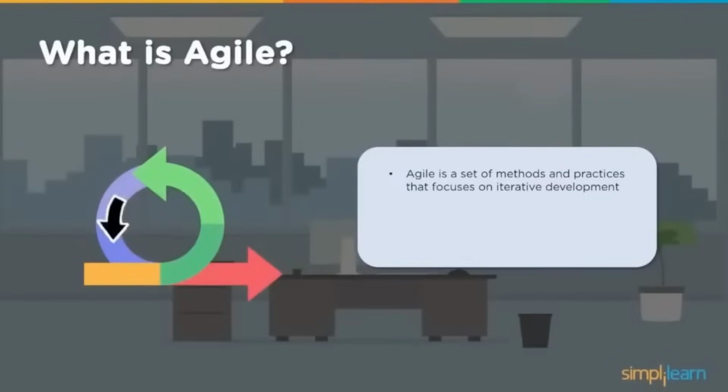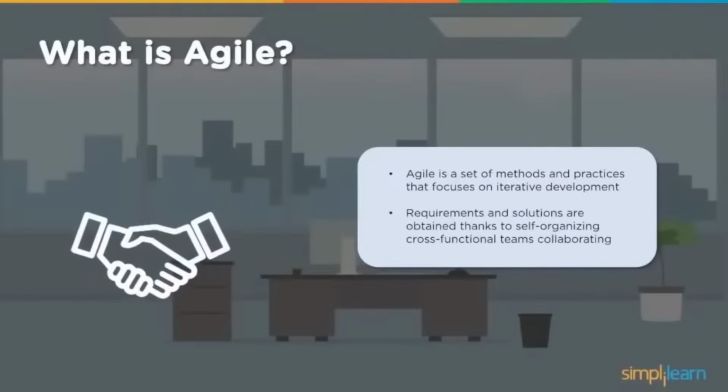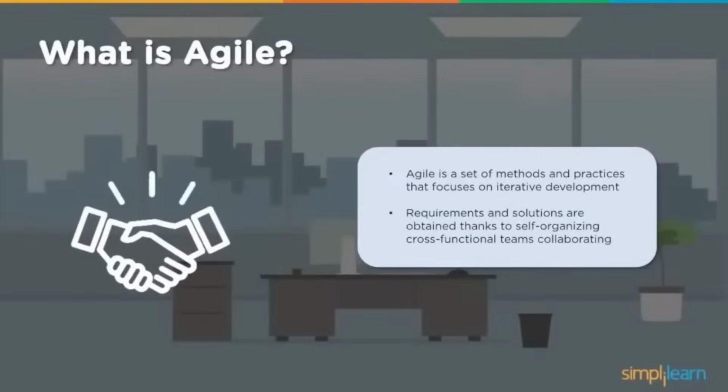This is not a whole product, it is part of that bigger product. So requirements and solutions are obtained thanks to self-organizing cross-functional teams collaborating. When we say cross-functional, self-organizing team, these are teams of 7 plus or minus 2 in size, who basically have various different skills. Each of the team members will have various different skills and they complement each other.